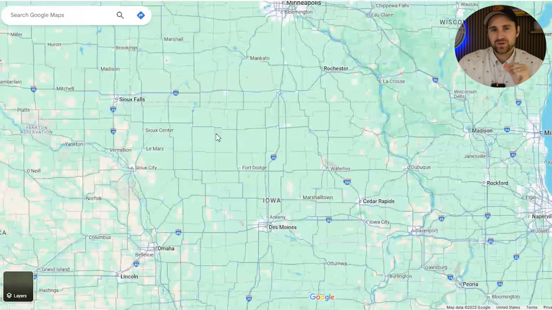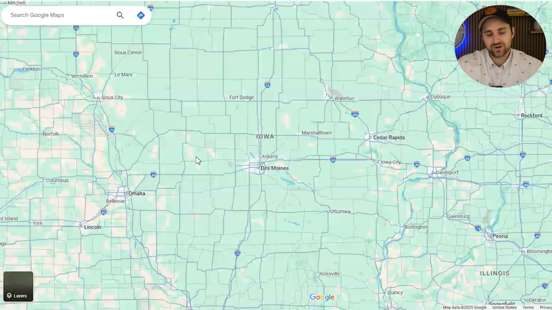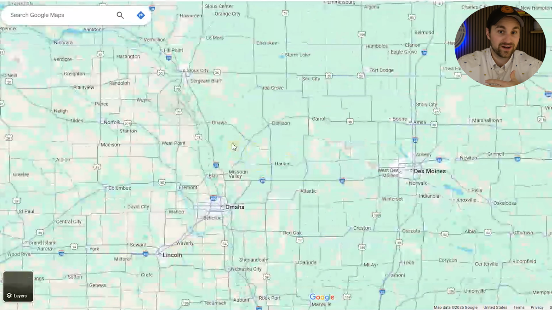So you have those two, but pretty much everywhere else is going to be very much oriented towards agriculture and small town living. Another great area when it comes to that rural, but maybe not so much into the agriculture, is actually my hometown area.